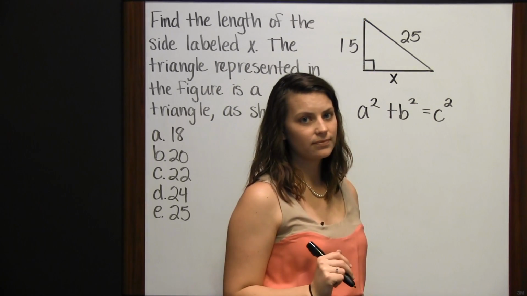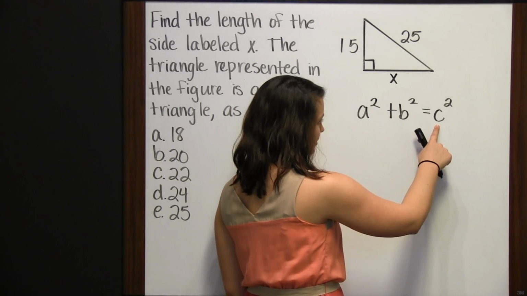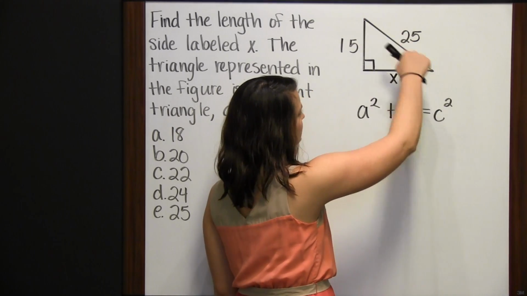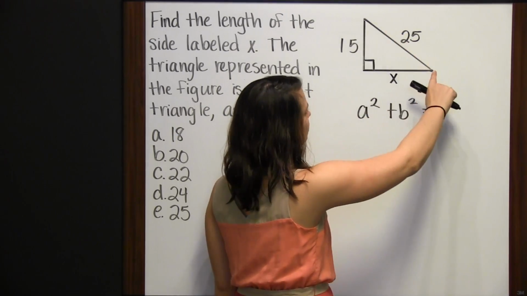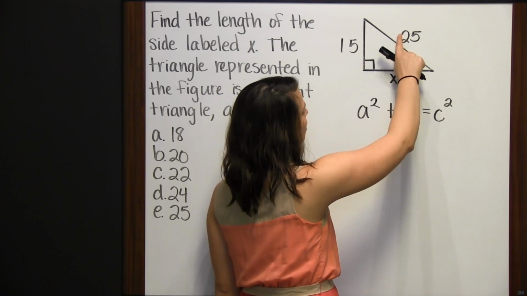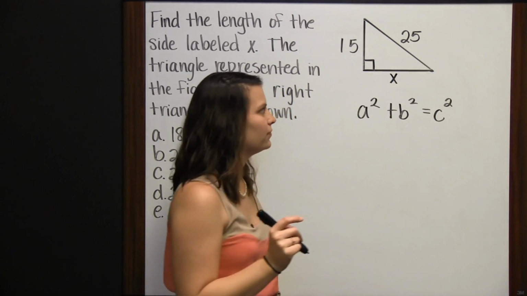And c is the hypotenuse, or the side that's across from the right angle.